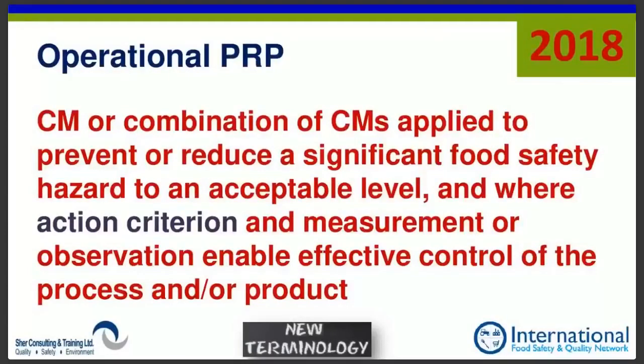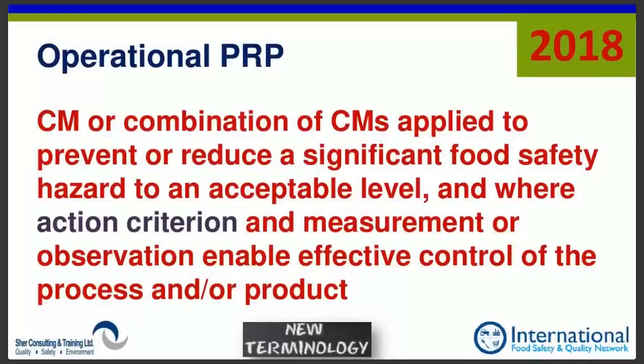And remember what a control measure is. A control measure is any action that we can use to reduce or prevent a significant food safety hazard. So, control measure or combination of control measures applied to prevent or reduce a significant food safety hazard to an acceptable level.